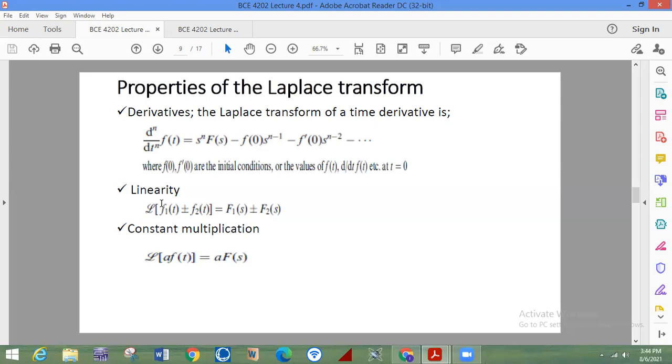Then linearity, then constant multiplication. There are other properties which include initial value theorem, real-shift theorem, convolution integral. All those are properties of the Laplace transform. But for us, we shall look at the derivatives, where we shall be able to do Laplace transforms of first order and second order differential equations. These others, we shall not look at them very much.